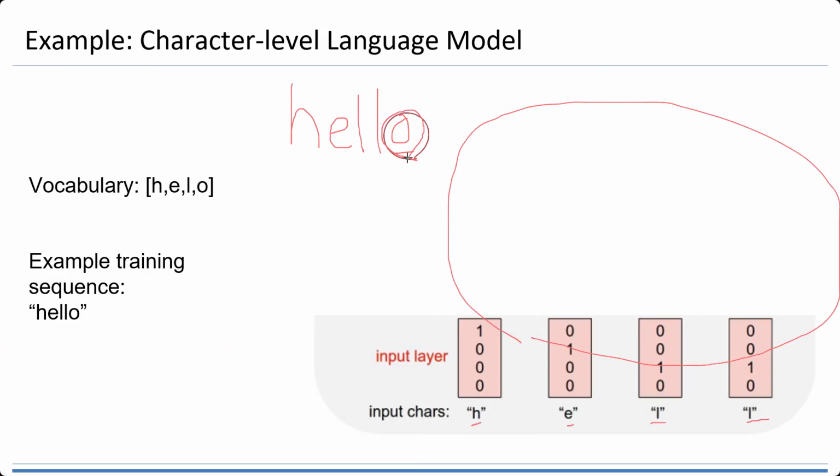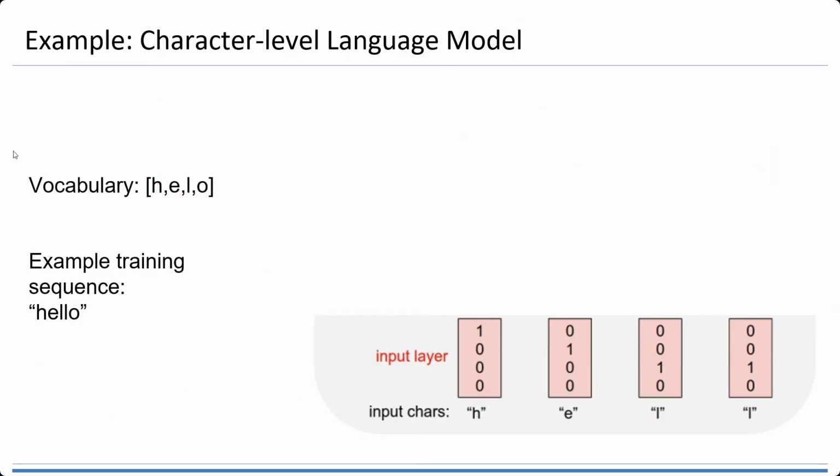Then how can we do this? Let's suppose we have the vocabulary, which is H, E, L, O. The vocabulary is the set of unique characters. And I have the training sequence, which is HELLO. Let's just use simple encoding. If it is H, then it is 1, 0, 0, 0, because we have 4.